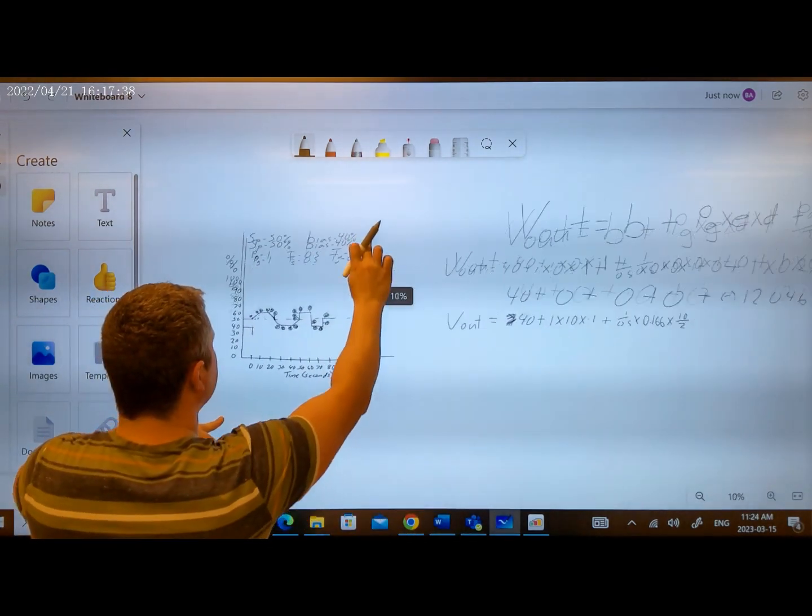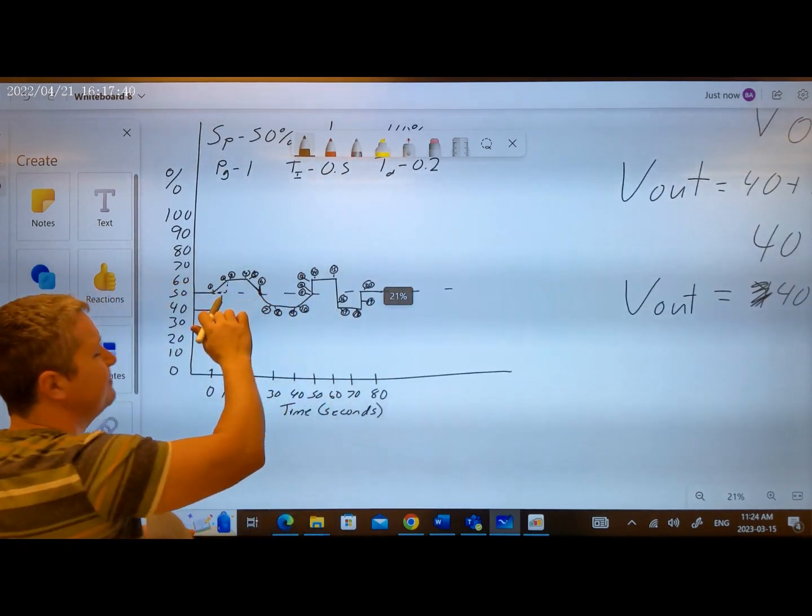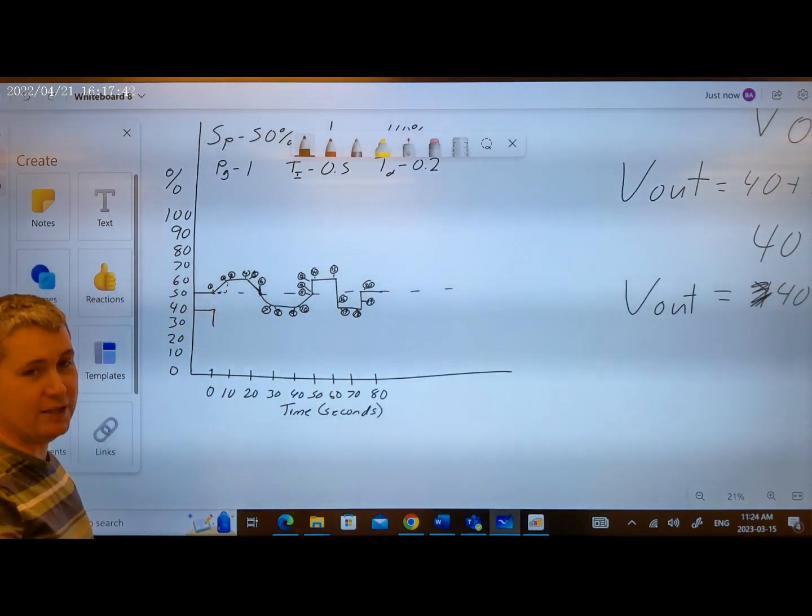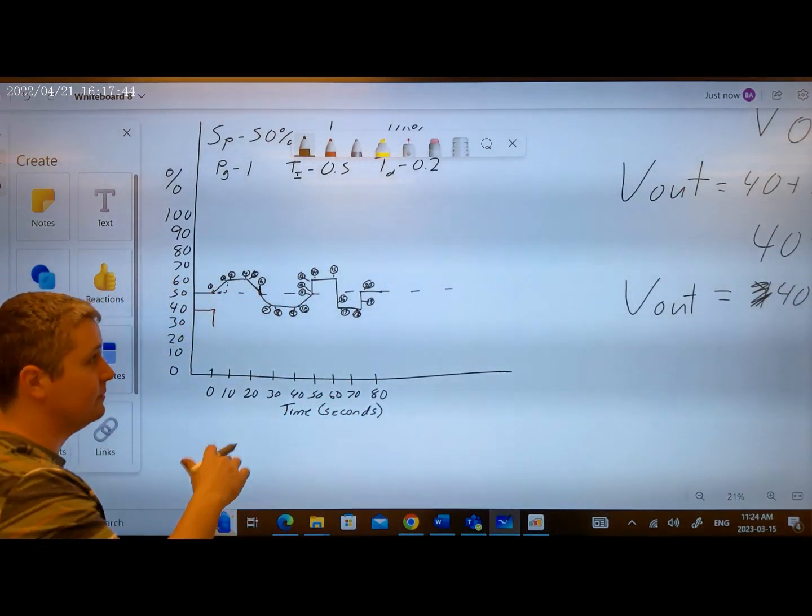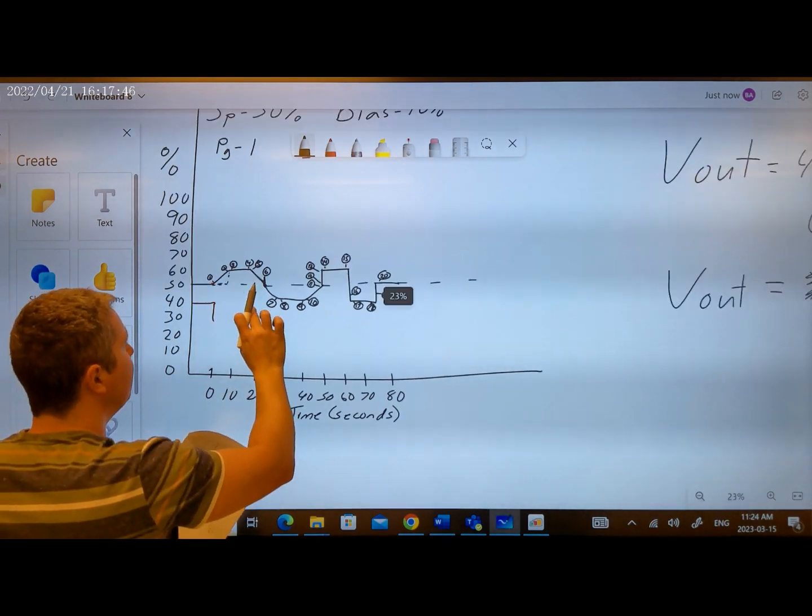When I looked at this triangle right here, and I was doing that on derivative, I was supposed to be doing that on integral.